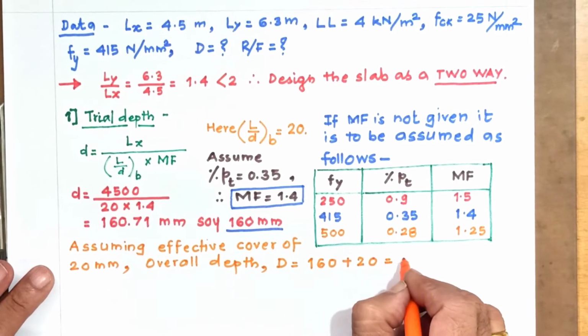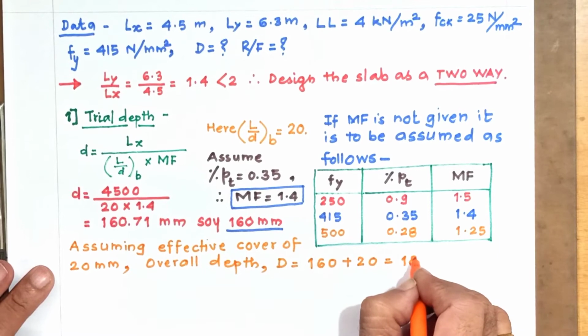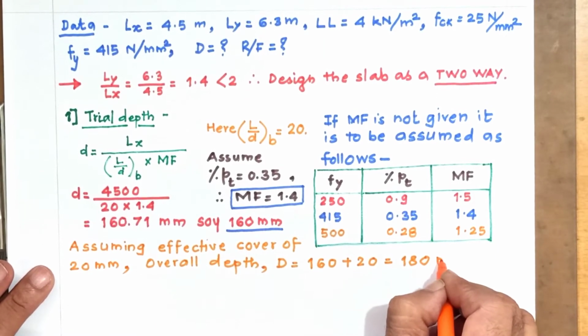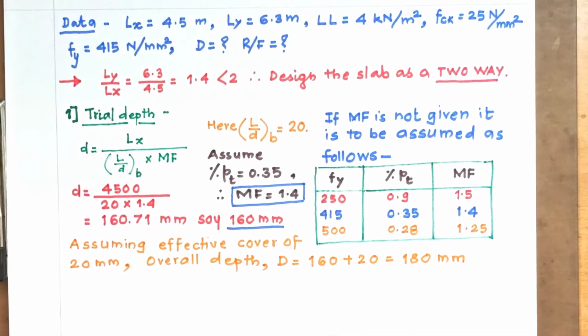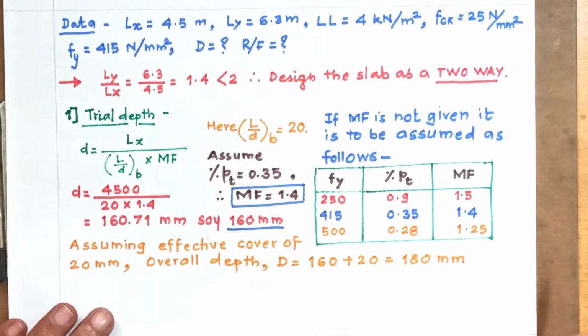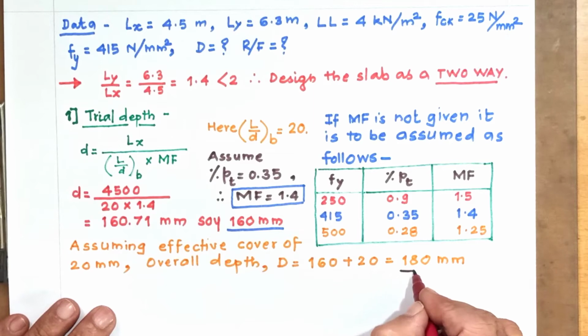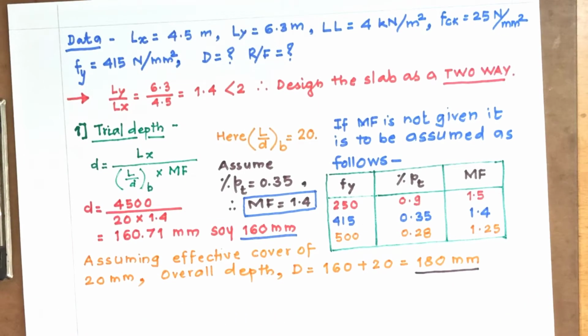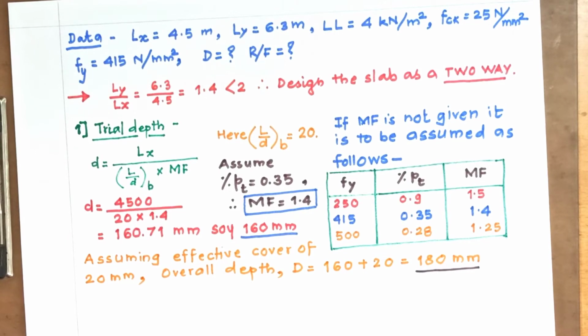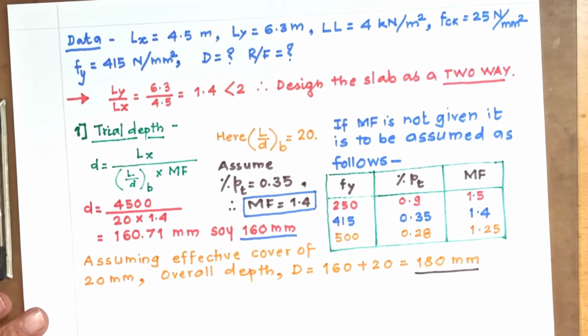Therefore, overall depth is 180 mm. So, this is the first step. Okay. Now, let us go for the second step.